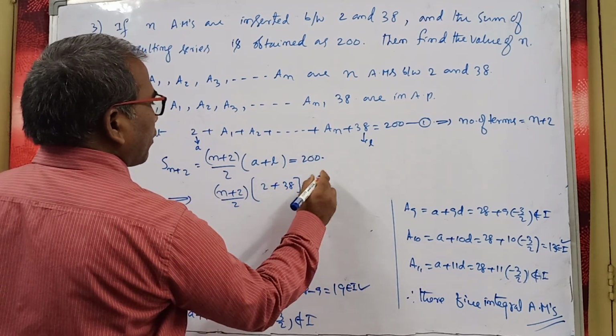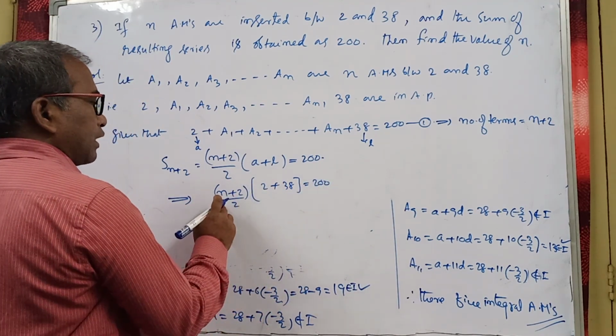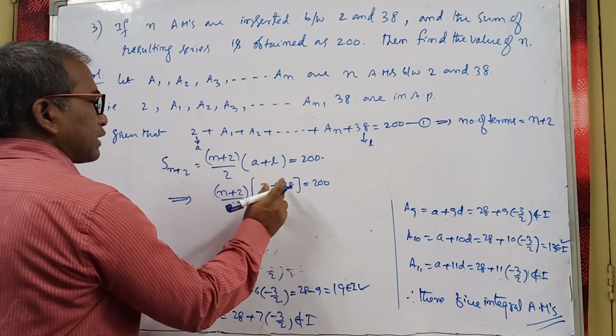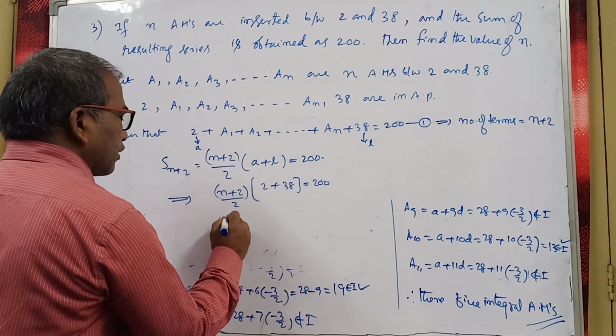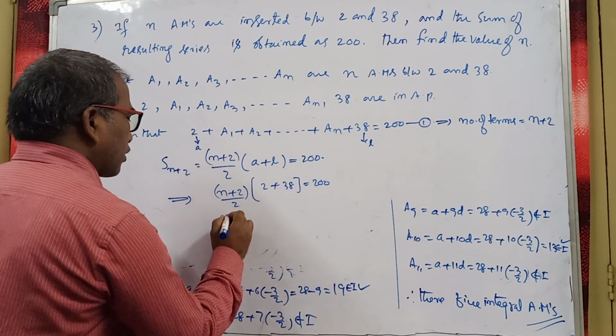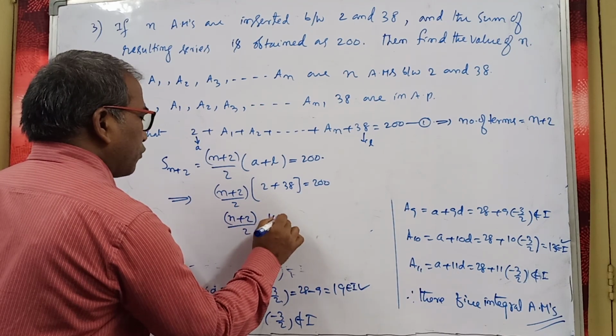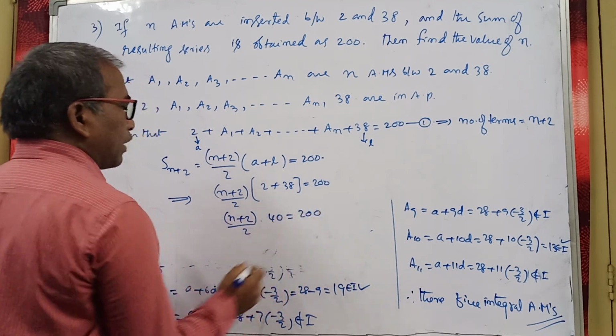If you know the formula, it might get easy. Take 2 plus 38, that is 40. This is (n+2)/2 into 40 is equal to 200.